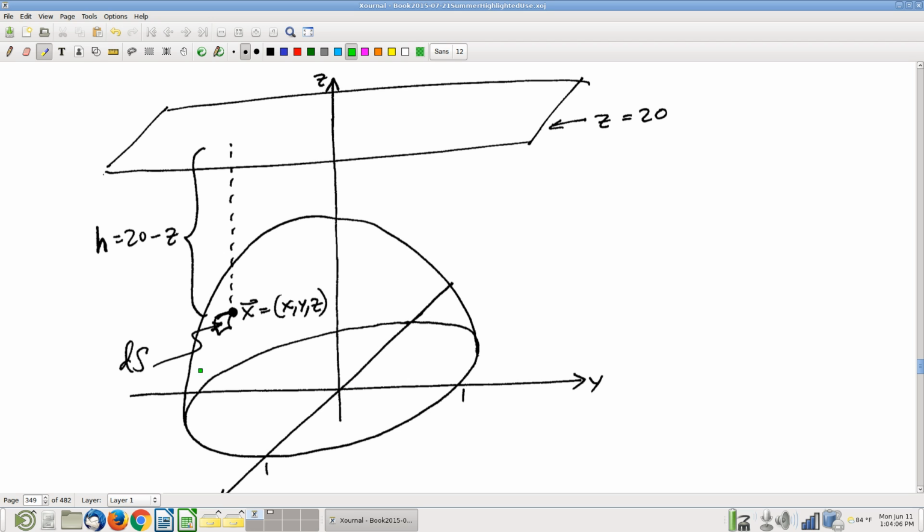Okay, how much force is there on the surface of this dome? There's a lot of force, right? Because there's a lot of water pressure. The amount of water pressure at a particular point depends on how deep it is. So at this point on the surface, there's a lot of pressure there. Pressure times area gives you a force.